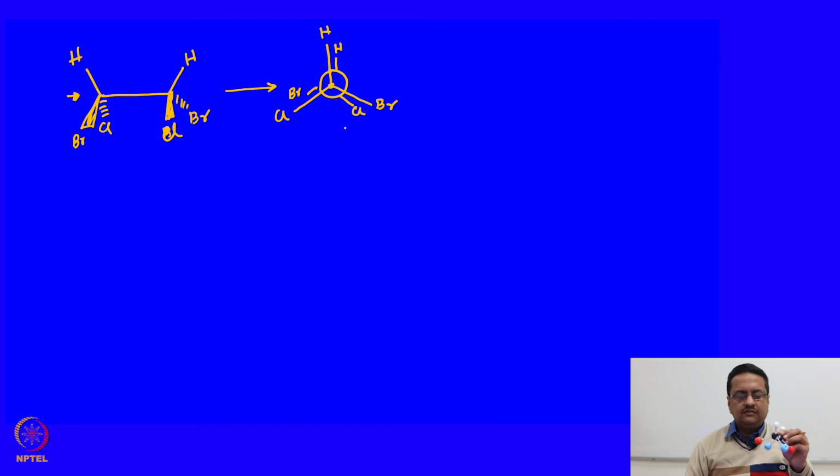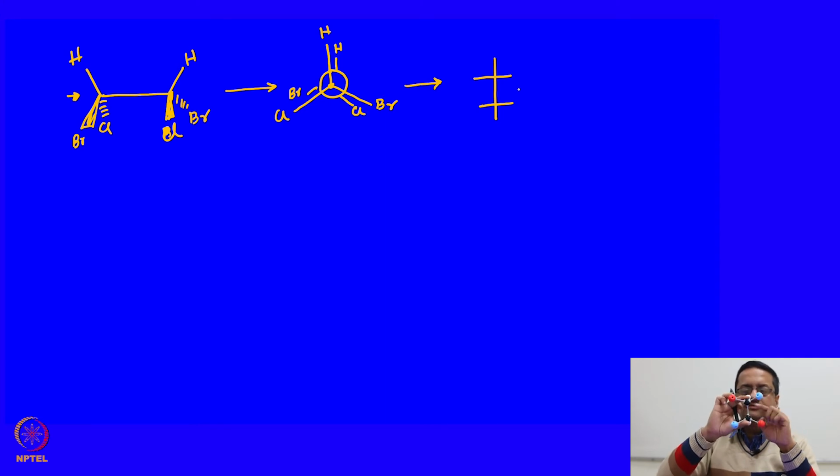Now if we try to convert it into a Fischer projection like this, we draw the straight vertical line and two horizontal lines. The vertical line as usual identifies the two carbon atoms, and the top position is hydrogen, because it is pointing towards me, both the hydrogens top and bottom.